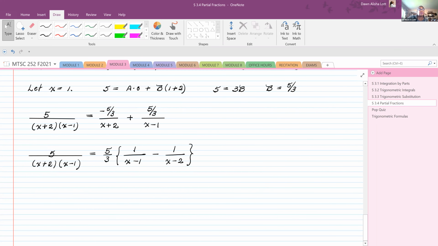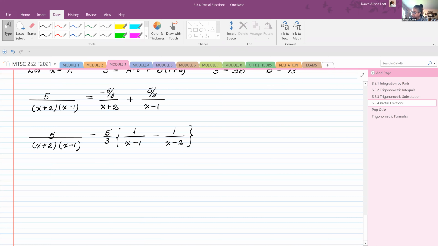So now let's integrate it. The integral of 5 over x plus 2 times x minus 1 dx is 5/3 the integral of 1 over x minus 1 minus 1 over x.